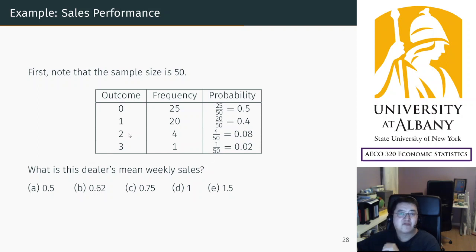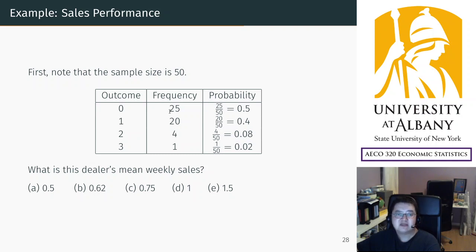In the end, we need to calculate the average of the weekly sales. But as a first step, we need to calculate the probability first. So the first thing you have to do is to calculate the sample size.